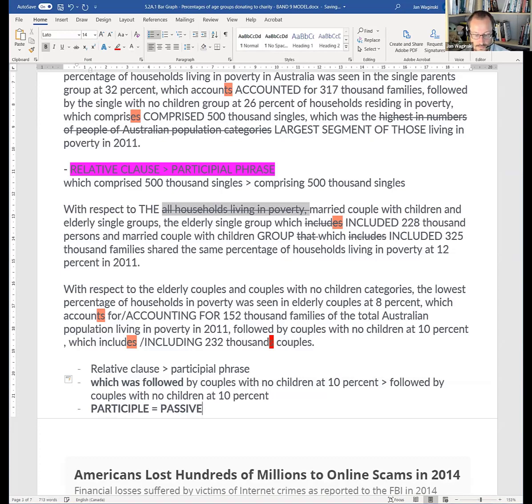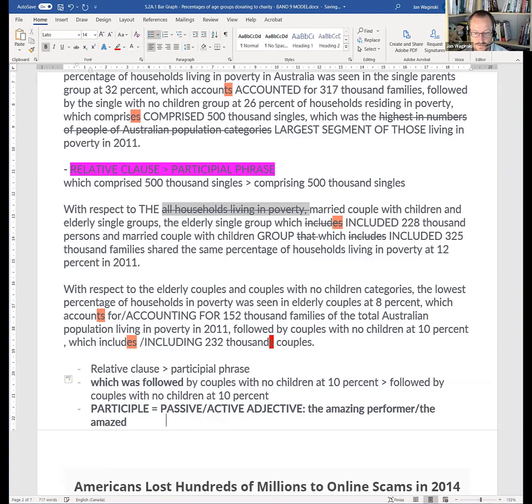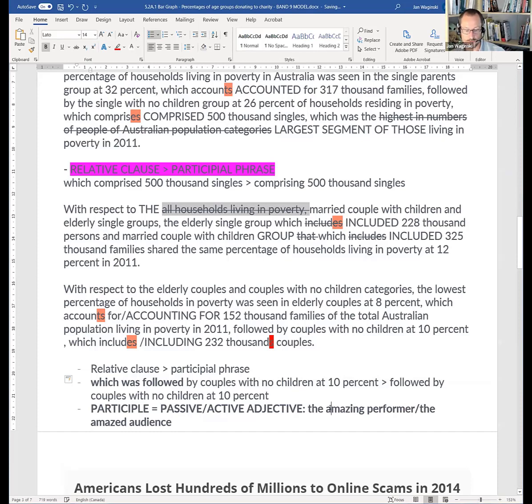It's a passive or active adjective. So everyone knows about passive and active verbs. Well, we have adjectives that are also passive and active. So we'll say like the amazing performer or the amazed audience. So amazing is an active participle.